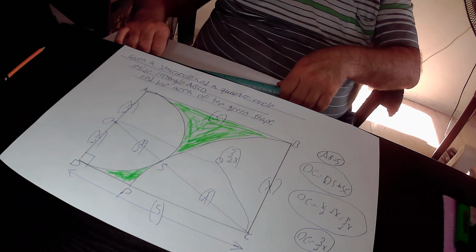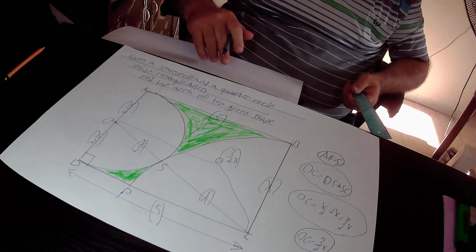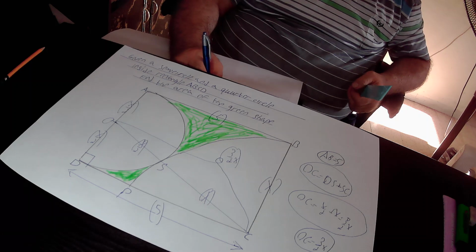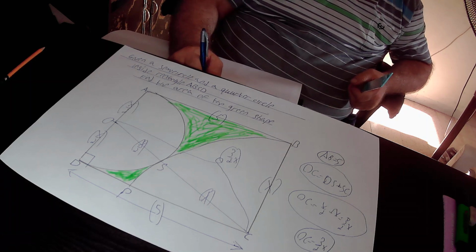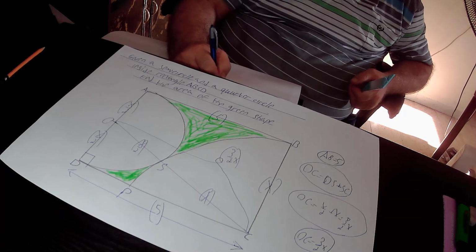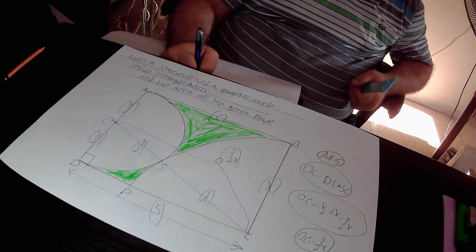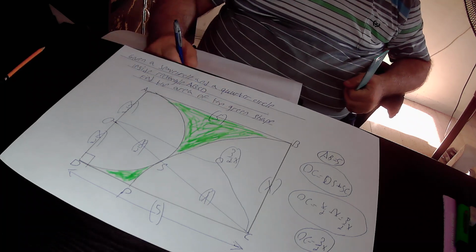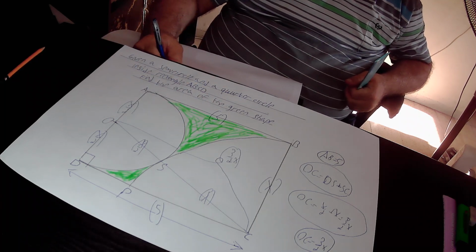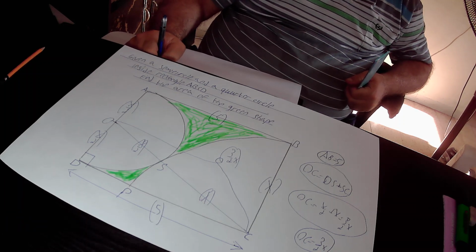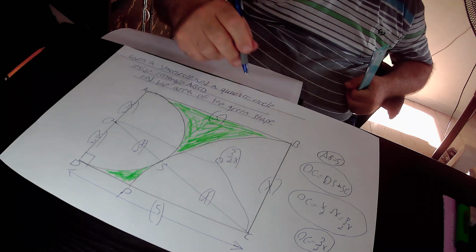So the area of the green shape equals the area of rectangle ABCD, minus the area of this semicircle, minus the area of this quarter circle.